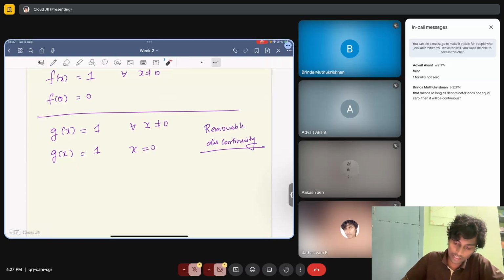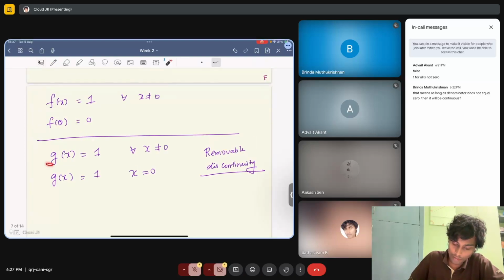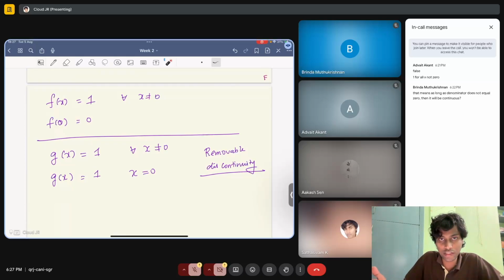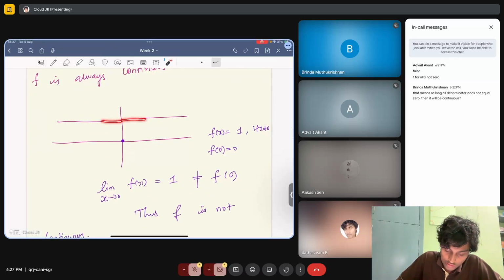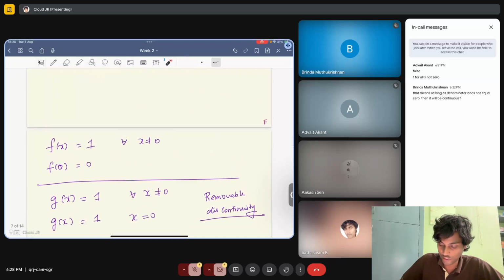Because I can just, by relabeling, remove the discontinuity. I have a discontinuity in my function, but then I just change one point. I'm not changing anything around the neighborhood. Just changing this one point makes it continuous. So in that sense, I can remove the discontinuity, and hence this kind of discontinuity is called a removable discontinuity.